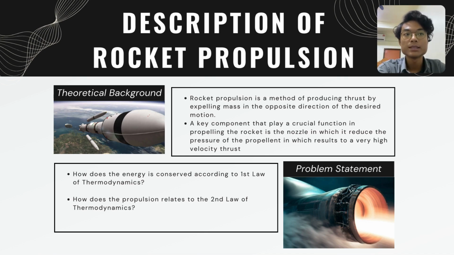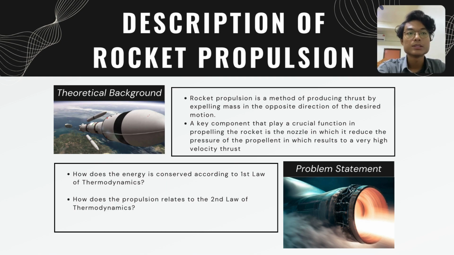The key component that plays a crucial function in propelling the rocket is the nozzle. The nozzle is located at the hind side of the rocket. The function of the nozzle is to reduce the pressure, which, from Bernoulli's equation, results in an increase of velocity.